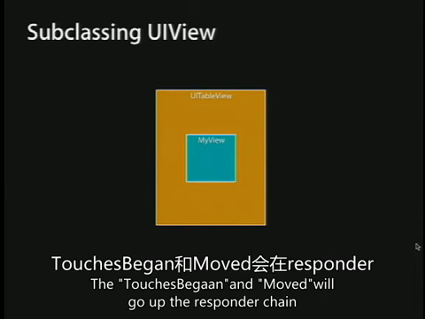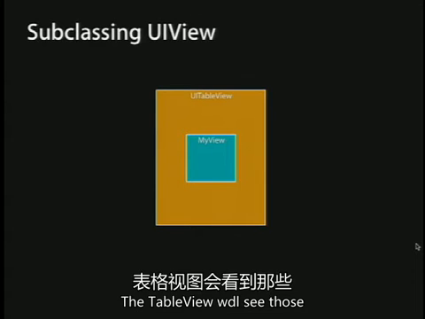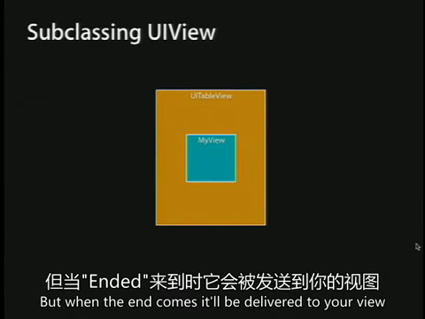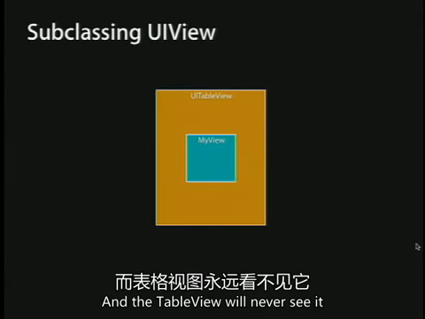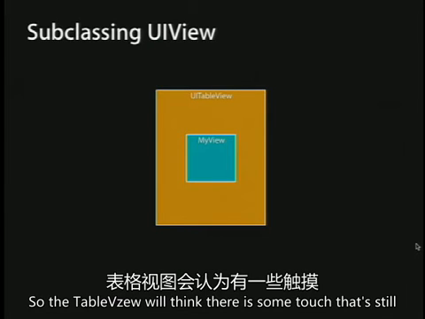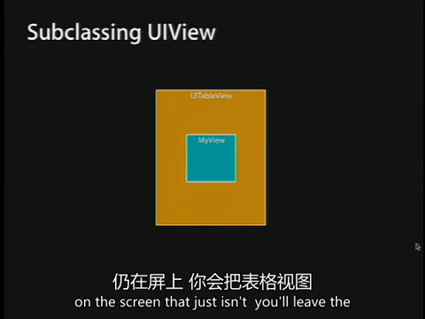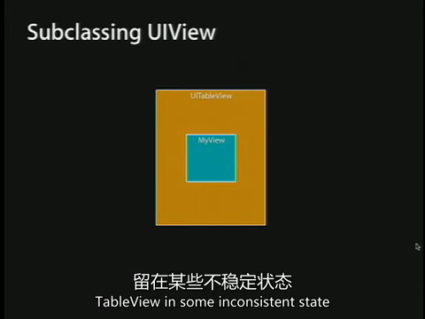The touches began and moved will go up the responder chain. The table view will see those. But when the end comes, it'll be delivered to your view because you've provided an implementation for that, and the table view will never see it. So the table view will think there's some touch that's still on the screen that just isn't, and you'll leave the table view in some inconsistent state.